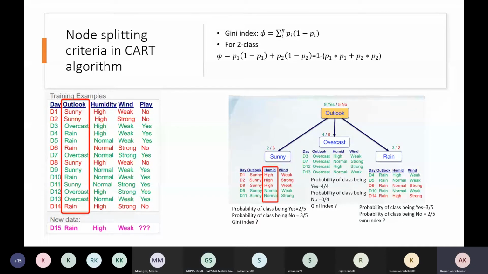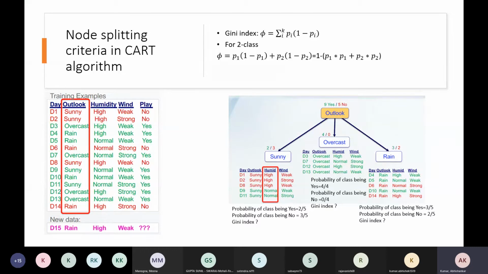Okay, so now what I want you to do is go to each node and calculate the Gini index. The Gini index is the metric used to split the node. Let's say outlook.